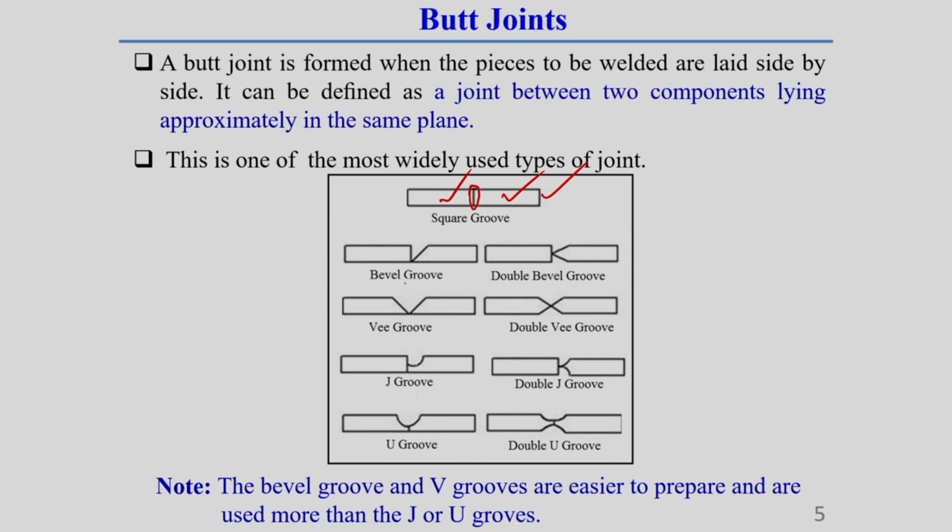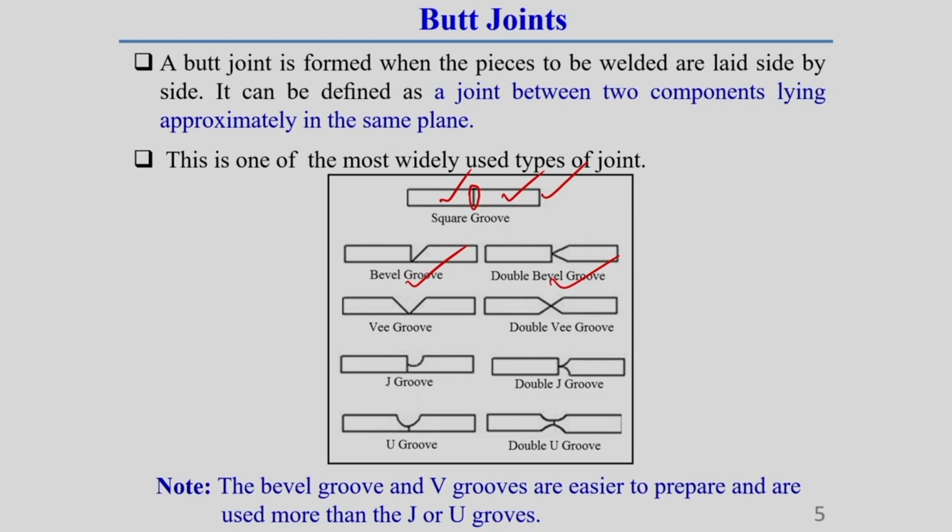Here you see the first one is called bevel groove butt joint, this is double bevel groove butt joint, because these are all based on the different types of edge preparation above. So, from the name itself you can easily identify what edge preparation is required and what the shape of the groove should be.